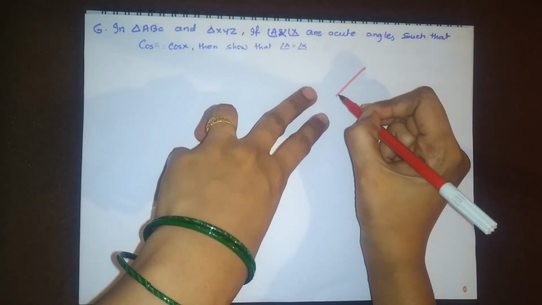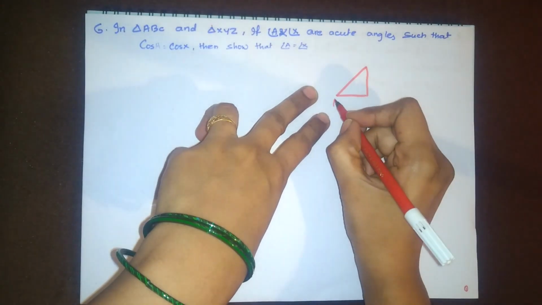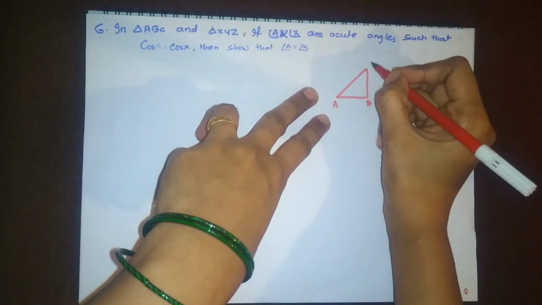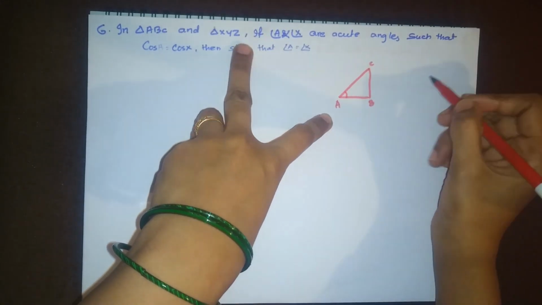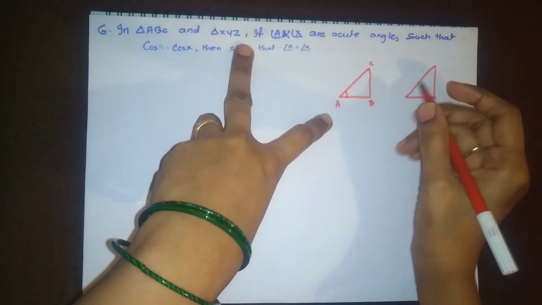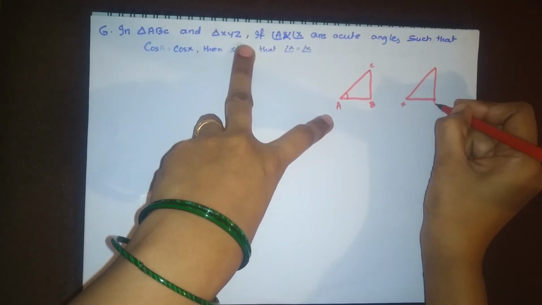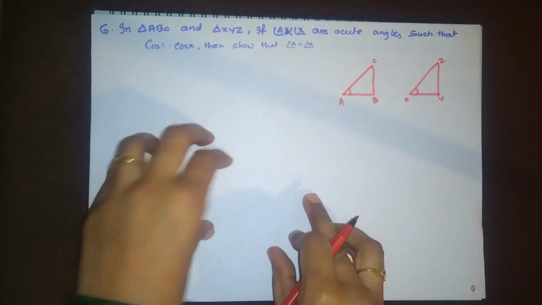Triangle ABC. In triangle ABC, A is the acute angle, and in triangle XYZ, angle X is the acute angle.